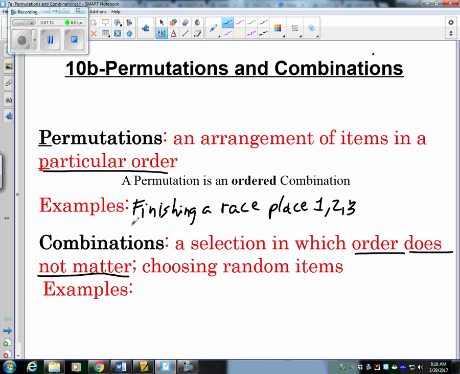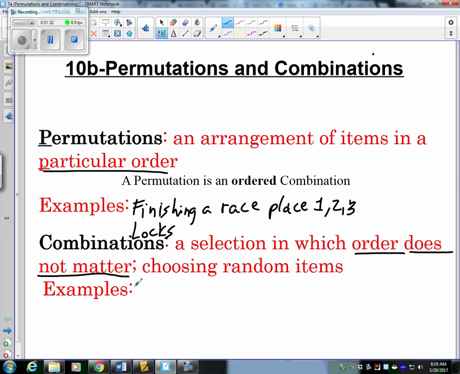Now one thing that's kind of confusing is a combination lock. A lock with numbers is actually a permutation lock, because the order in which you put the numbers matters.